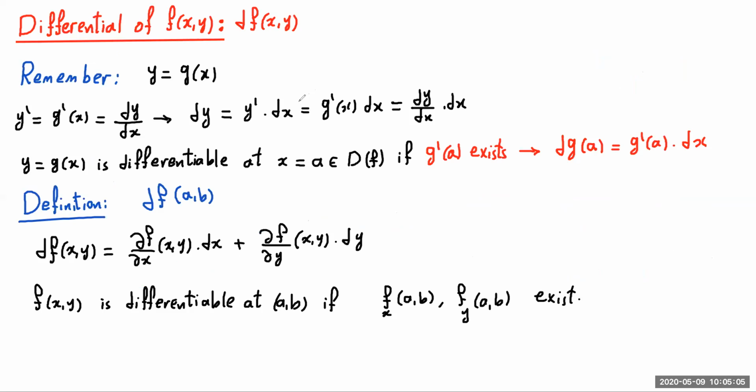Now, the definition of the differential of a function in 2 variables. Let's remember before that the definition of the differential of a function y equals g(x) in 1 variable. Suppose that the derivative of this function exists.